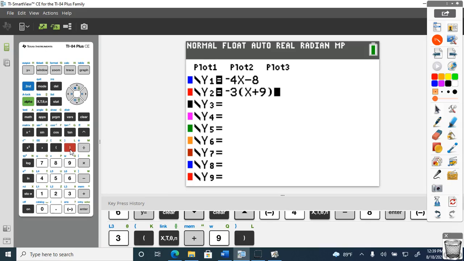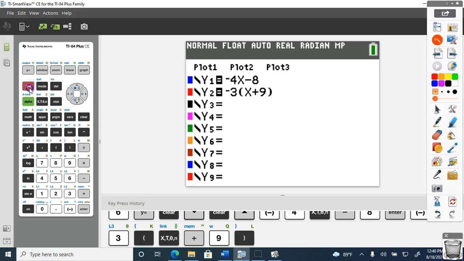Like I say 3 times 2 is 5 by mistake. 3 times 2 ain't 5. 3 plus 2 is 5. But for some reason, my brain wants to tell me 3 times 2 is 5 every now and then. So there's really no reason to do it because the calculator will take care of that for you. So all you do is that, and then we need to find out where they are what?